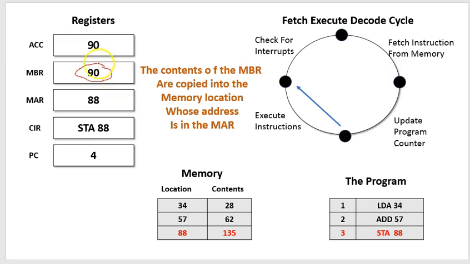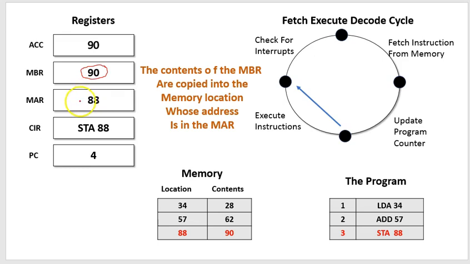So we know that the memory address register is 88, so we're going to save the contents of the buffer register into here. So now the contents of the memory buffer register are copied into the memory location whose address is in the memory address register.